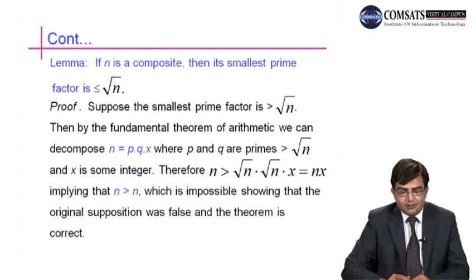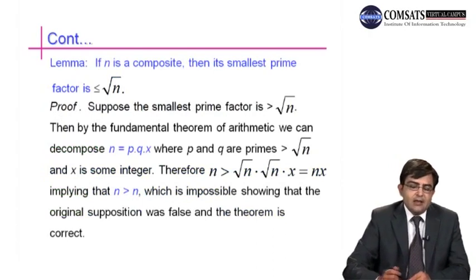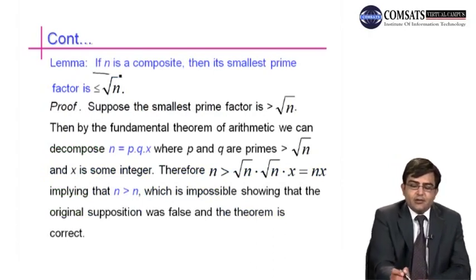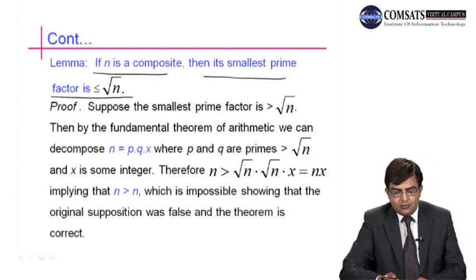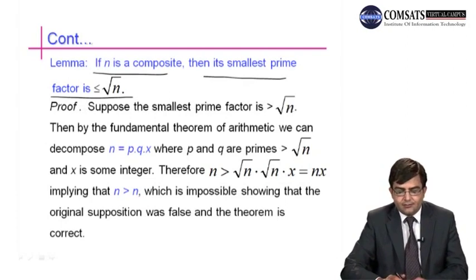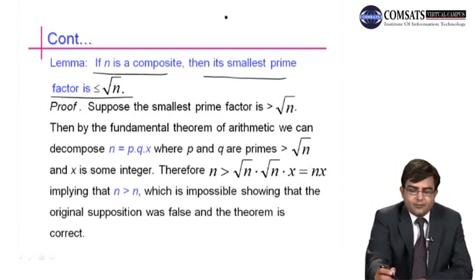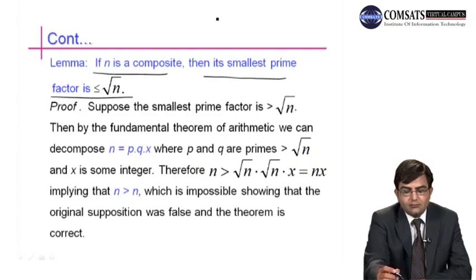Now another result which will be used frequently in the subsequent lectures. If n is composite, then its smallest prime factor is less than or equal to the square root of n. What does it mean? For example, 9 can be written as 3 into 3.